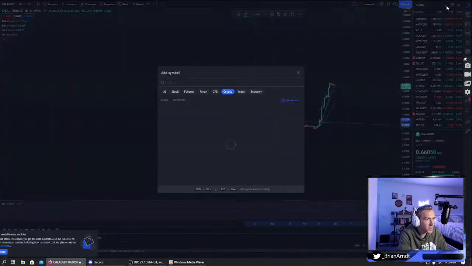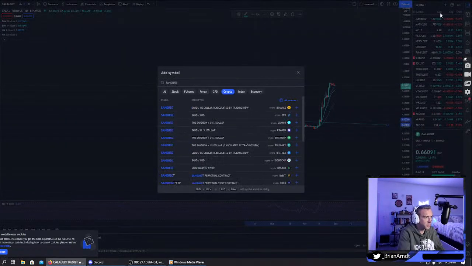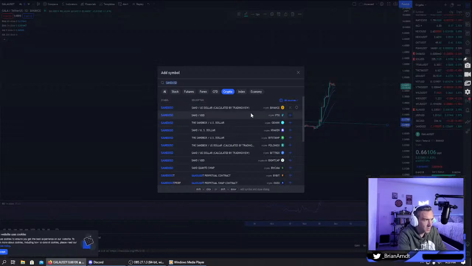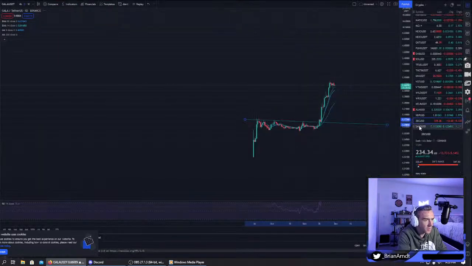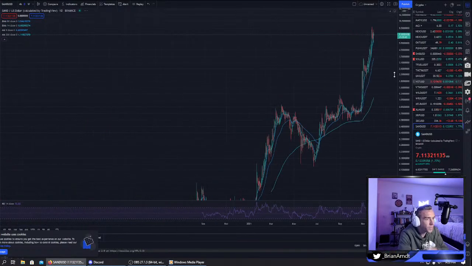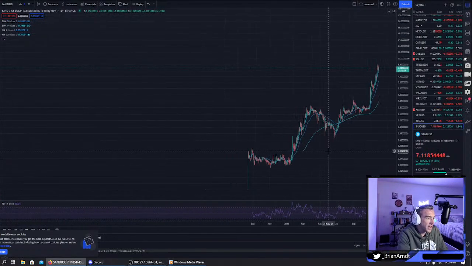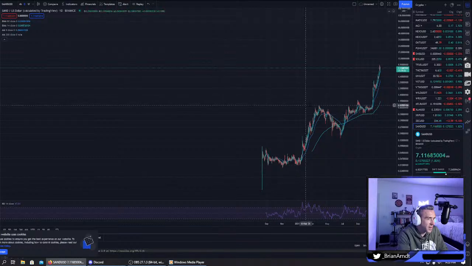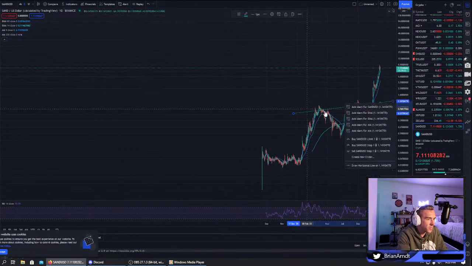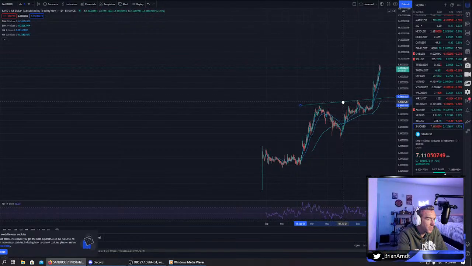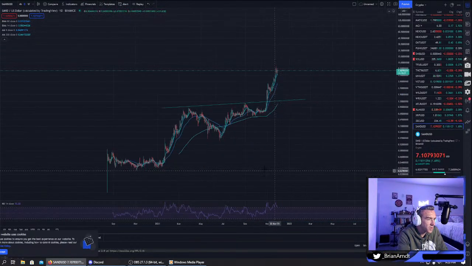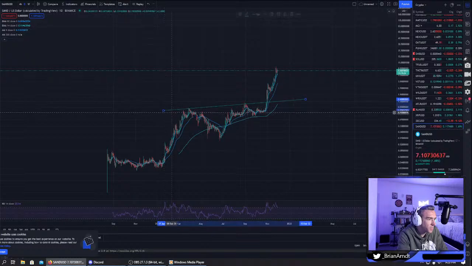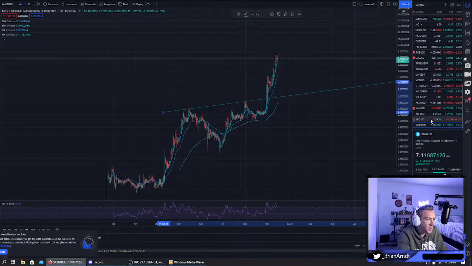Oh my gosh, just pull up the chart. So Sand has more than one pump, but looks kind of similar from this level down here. So that's something to look into from a retest perspective on Sandbox.